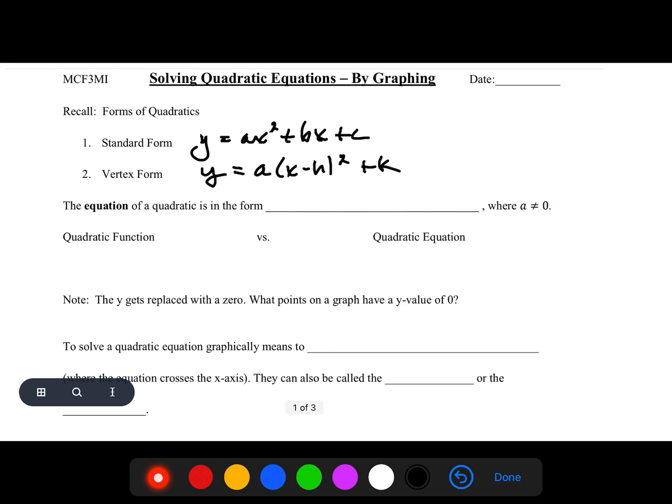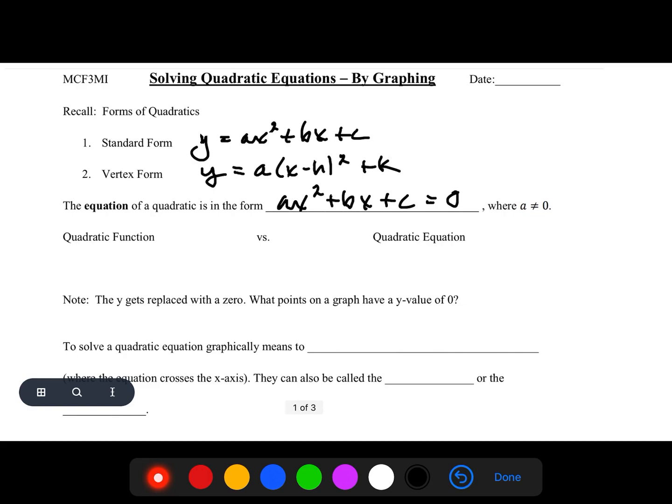So the equation of a quadratic is in the form ax squared plus bx plus c equals 0. And we know that a, b, and c are just integers, any number, no fractions, no decimals. And we now know that that equation has to be equal to 0. So we've replaced y with 0.